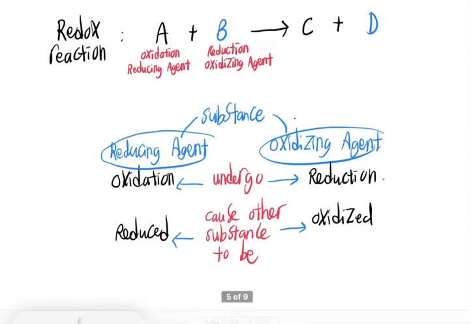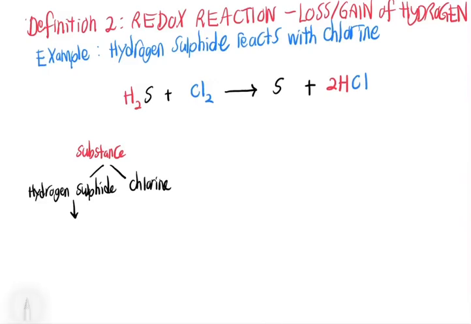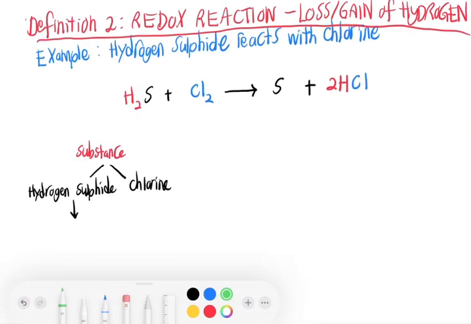Okay, moving on to my second definition, which is redox reaction based on loss or gain of hydrogen. The example that I will use is hydrogen sulfide reacts with chlorine.